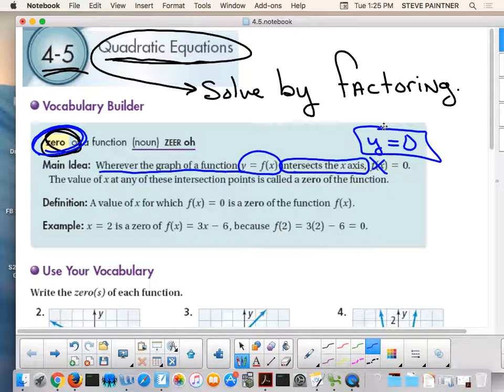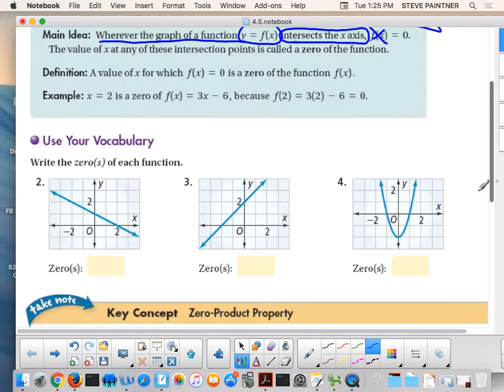So if I look at these three graphs, you're supposed to look at this graph, which is a line, and tell me the zero. It's right there wherever it crosses the x-axis, so it's really going to happen at 2. When x is 2, what do you get out for y? 0.